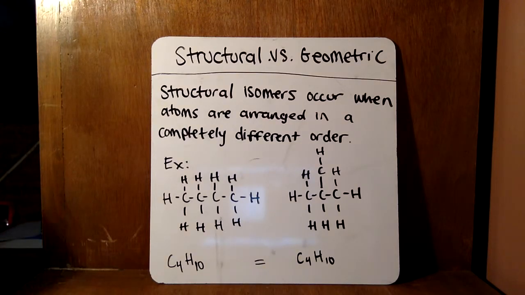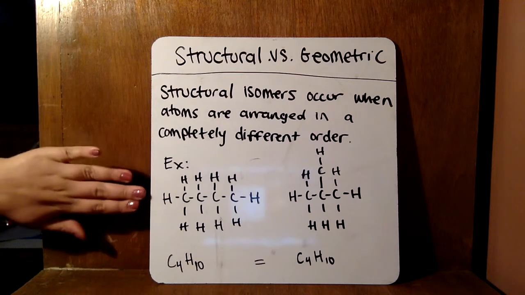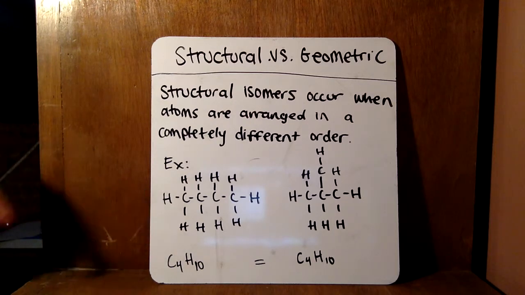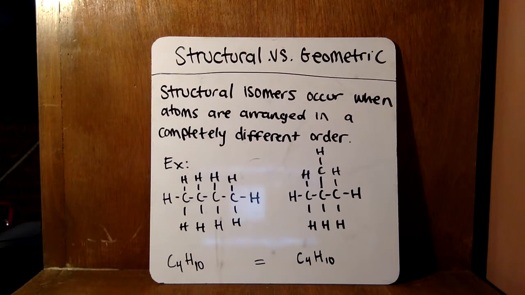Structural isomers occur when atoms are arranged in a completely different order. C4H10 can be an example. As we can see, here every carbon has a hydrogen attached to it. Some are primary and some are secondary.